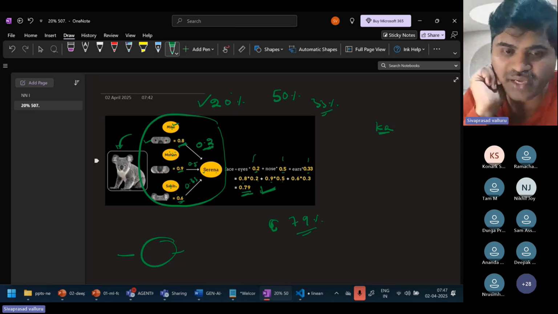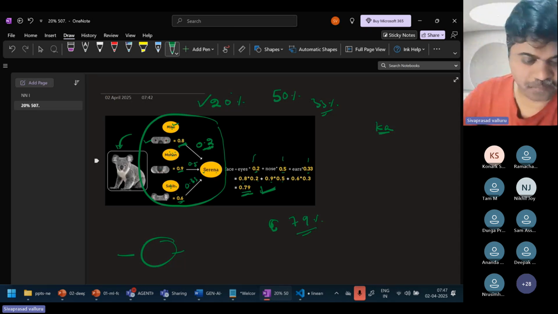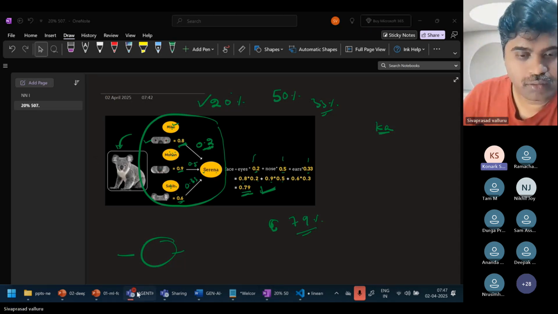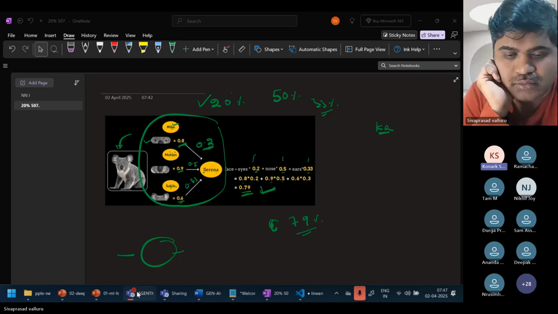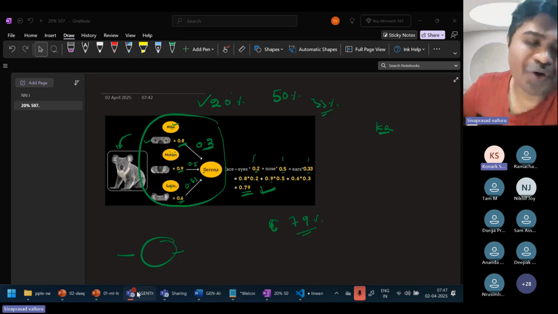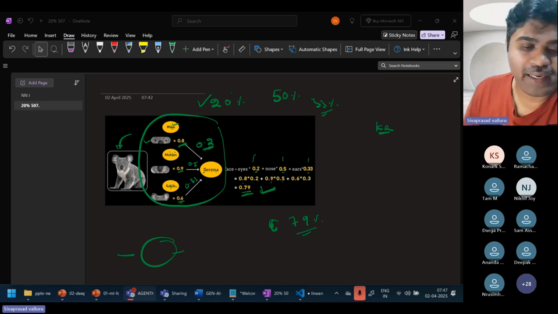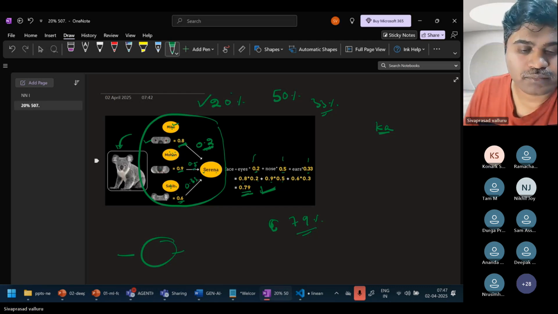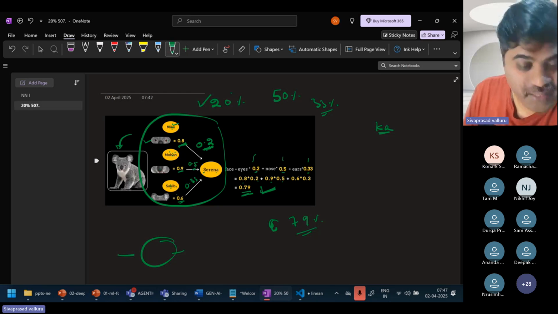Let me know if you have any queries on this one. Should the weightages always sum up to 1? No, it need not be. I just gave random values.